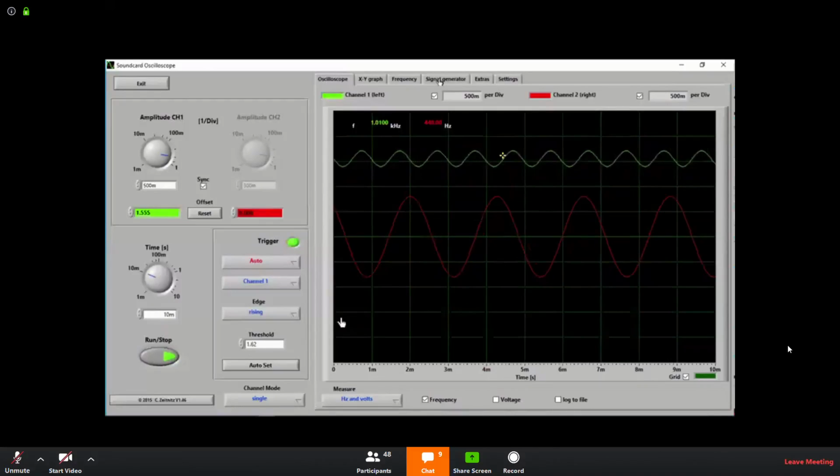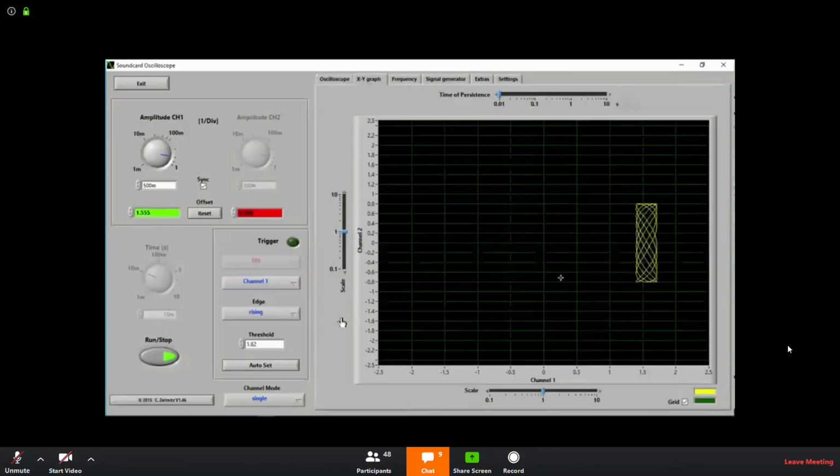Now, just for relaxation, I will do one thing. You all might have heard about the XY plot in the oscilloscope. What is the XY plot? Basically, on the x-axis it will plot the waveform present on channel 1, and on the y-axis it will plot the waveform present on channel 2.